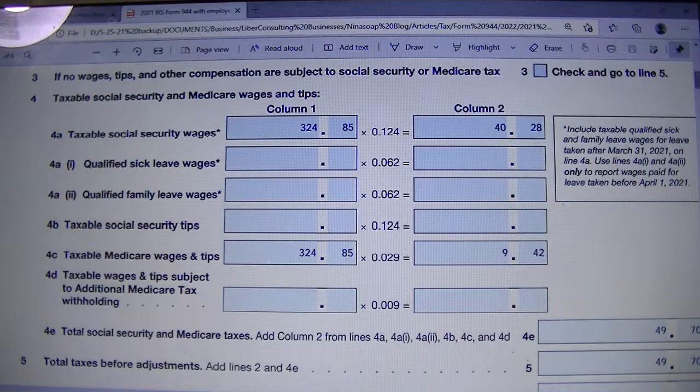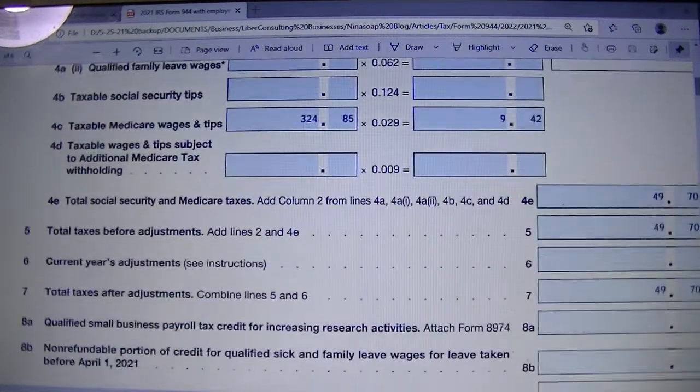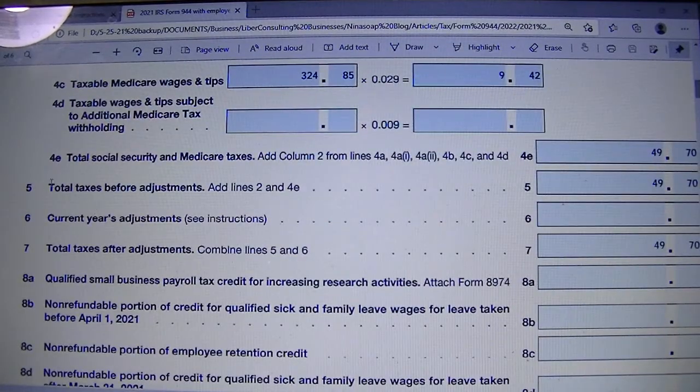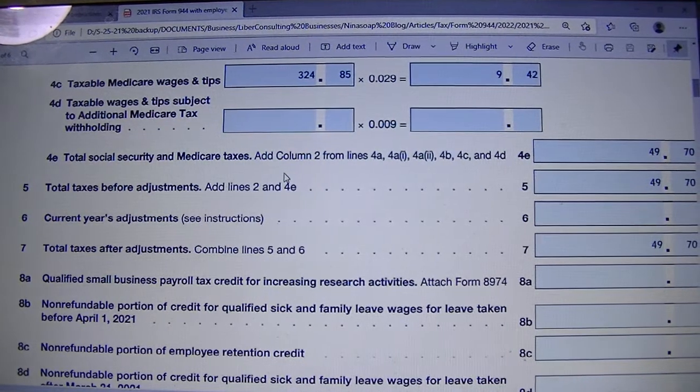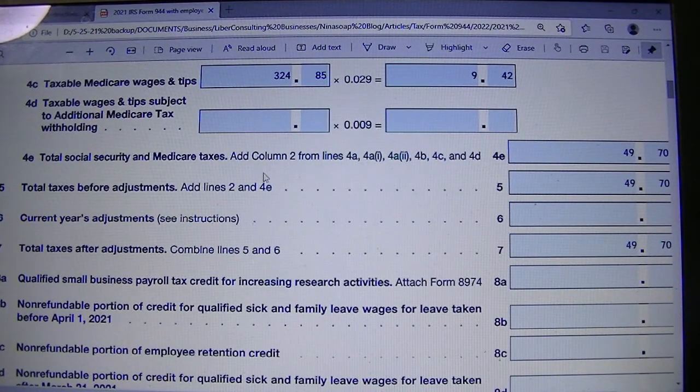So let's continue. Line 5, total taxes before adjustment, is line 2 and line 4. Before we do that, let's do line 4E, total Social Security and Medicaid taxes. That will be all your column 2.